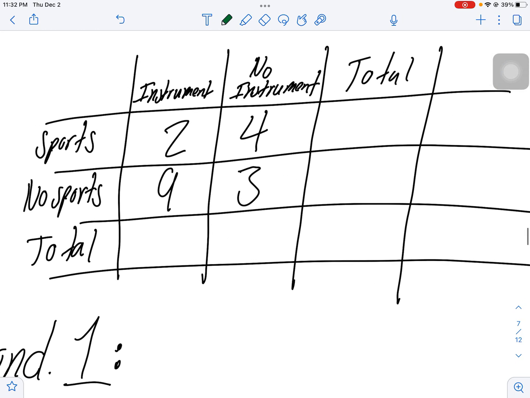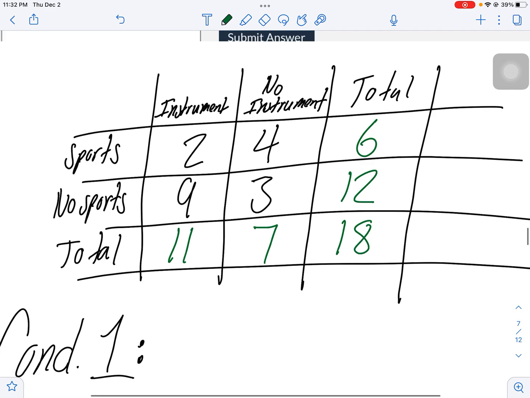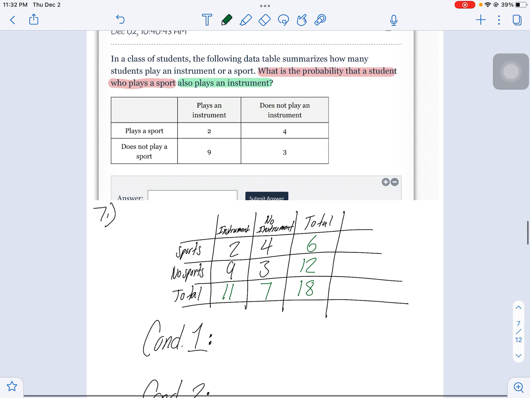Again, my 4 by 4 table, you're going to add to fill in our charts. 2 plus 4 is 6, 9 plus 3 is 12, 6 plus 12 is 18, 4 plus 3 is 7, 2 plus 9 is 11. So, what is our first condition here, kiddos?